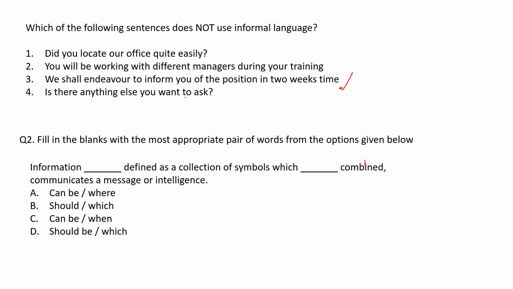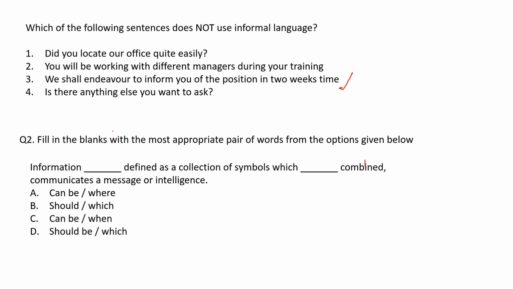You have to use two words in such a manner that if you place these two words in the gap, your sentence should sound logical, right? So information can be defined as a collection of symbols which when combined, right? So this is making sense. You can take these two words and after using them the sentence will be a logical one.